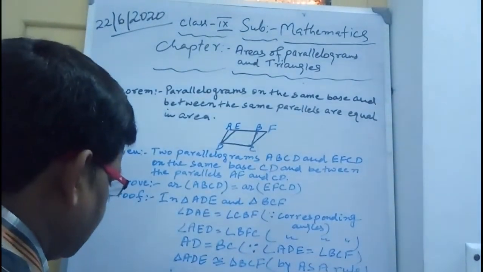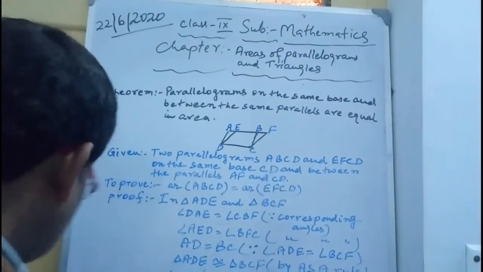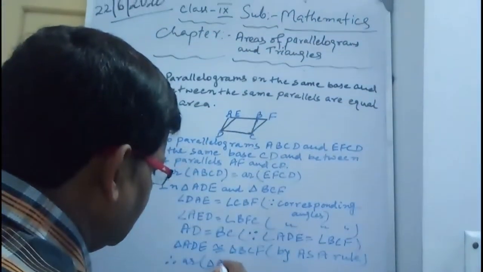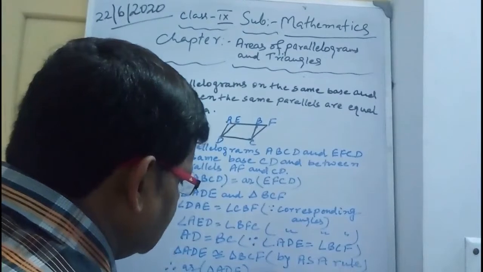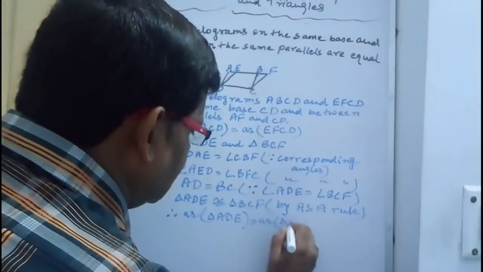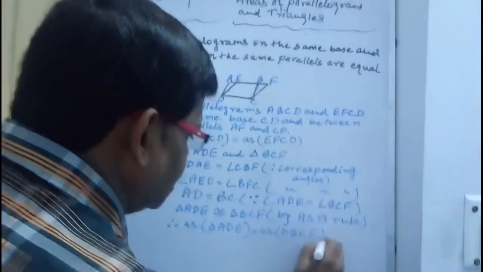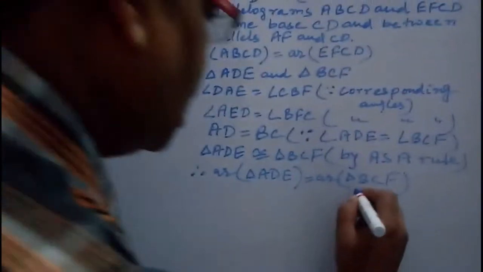Therefore, area of triangle ADE is equal to area of triangle BCF. When two triangles are congruent, then their areas are also equal to each other.